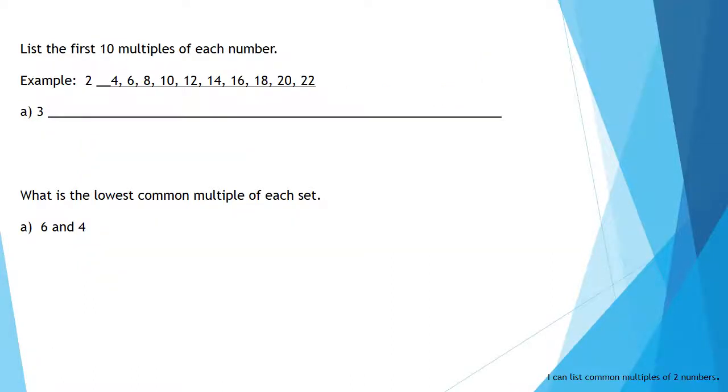A sample question for multiples might ask you to list the multiples of a number. The first example shows 2, 4, 6, 8, 10, 12, 14, 16, 18, 20. Skip counting by 2. The multiples of 3 are going to be 3, 6, 9, 12, 15, 18, 21, 24, 27, and 30.